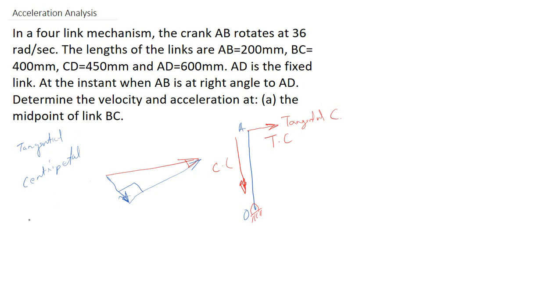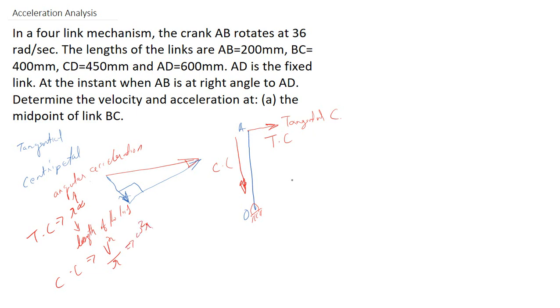The tangential component Tc is given by r alpha, where r is the length of the link and alpha is the angular acceleration. The centripetal acceleration Cc is given by v square by r.